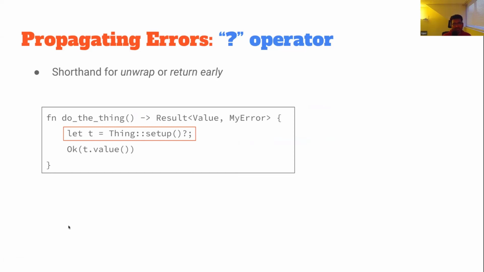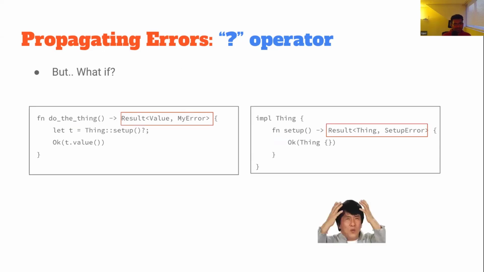So in this example, the setup can fail, and if it fails, it just returns the error directly, or returns early. Else it just proceeds and returns some legit value. So that's what the question mark operator does.